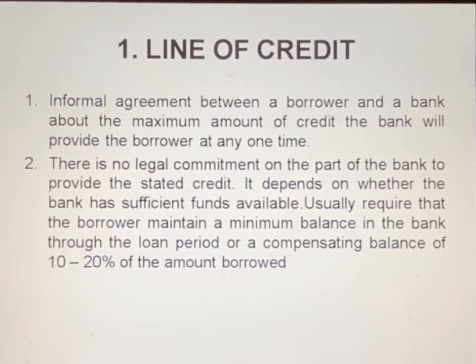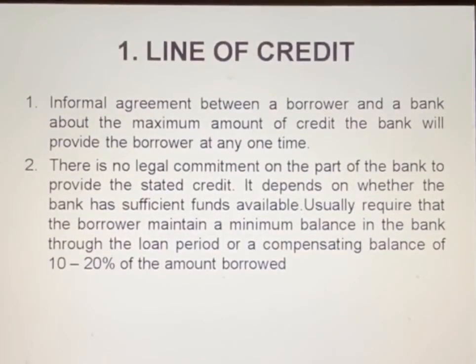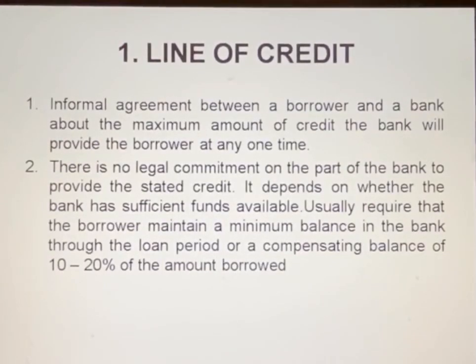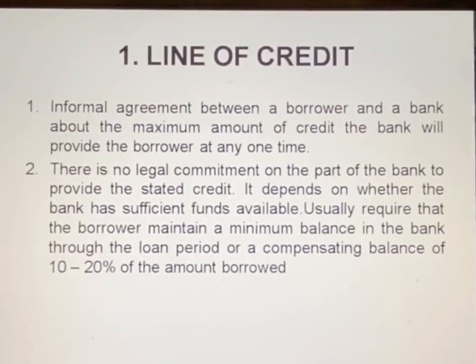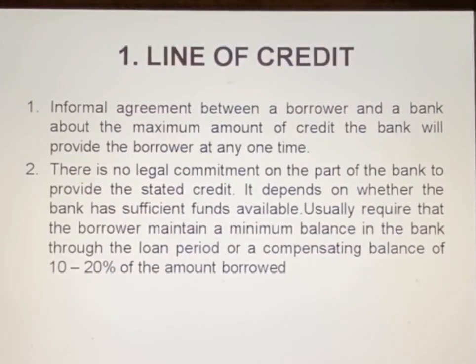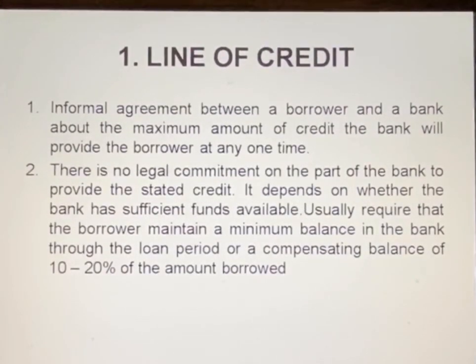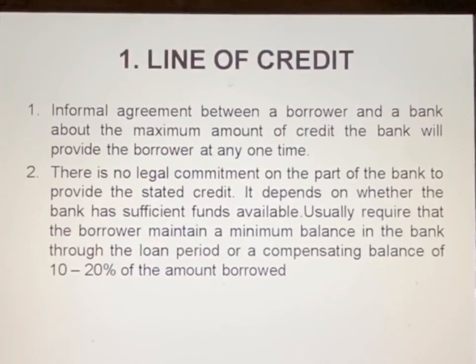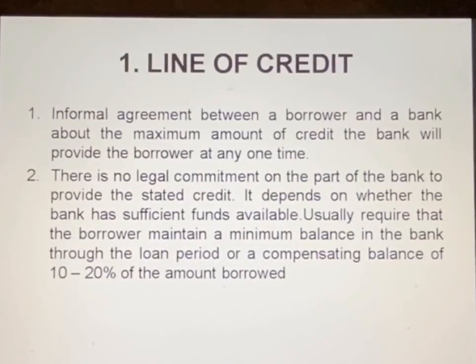Okay, the first one is line of credit. Line of credit is an informal agreement between a borrower and a bank about the maximum amount of credit the bank will provide the borrower at any one time. There is no legal commitment on the part of the bank to provide the stated credit.